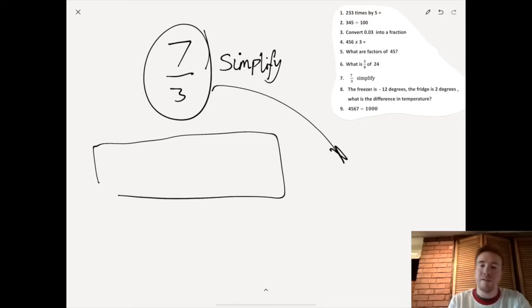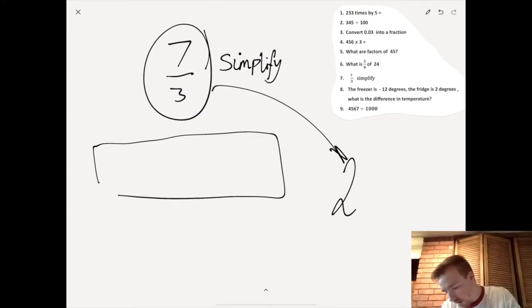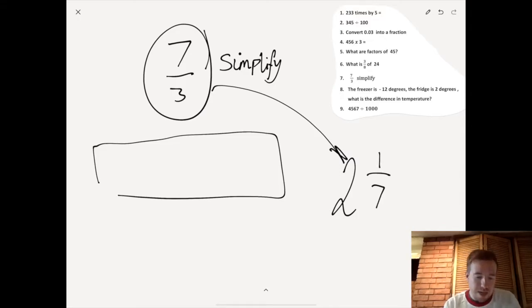Counting 3s, get as close to 7 as you can, which is 6, which is 2 groups. So I can get 2 whole groups of 3 out of 7, and then I've got 1/7 left over. Think about it in terms of pieces of cake, pieces of pie, pieces of chocolate, whatever. 3 pieces makes a whole, and you've eaten 7 pieces, so you've eaten 2 wholes, and then you've eaten a 7th as well.